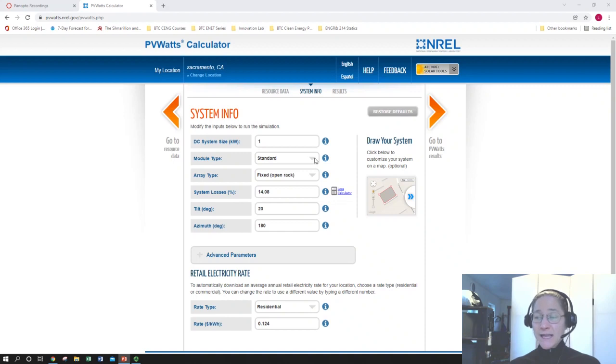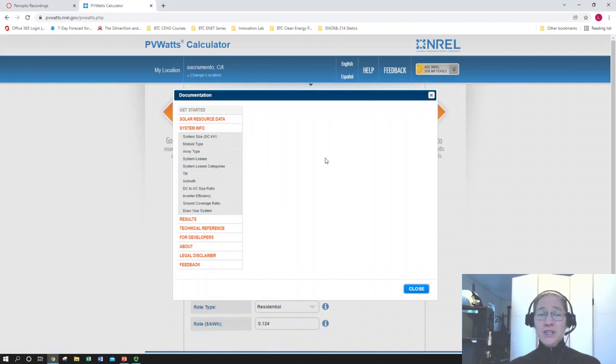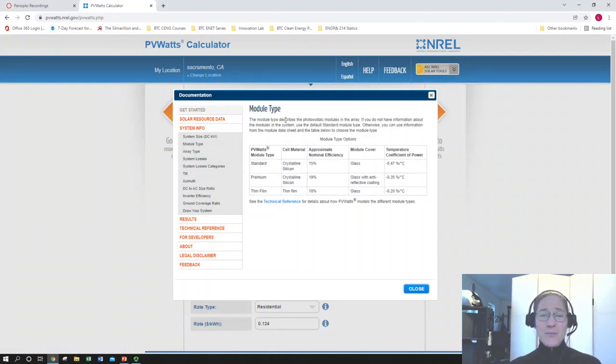That means we're going to have a little bit less efficiency, and you can get a fabulous education by just clicking on these information buttons that are on every data input portion of this PVWatts program, and you get a great lesson, not just in what this program is doing, but in what is standard, and some information about these different types of modules, efficiency, benchmarks. If you click on the information and the help in this program, you basically get a complete education right there, contextually. So we can see they're going with standard.